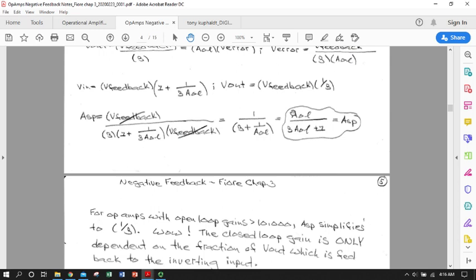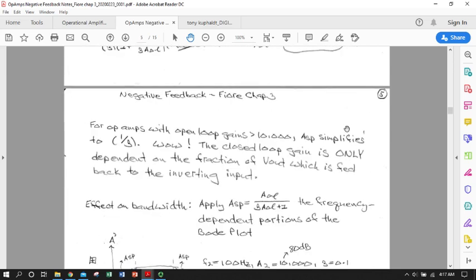Just to go over that again, we have the open loop gain in the numerator of this fraction, and then we have the sum of beta, which is the feedback fraction for the circuit, times the open loop gain plus 1 in the denominator. And when the open loop gain is large, which it almost always is, this approximates down to just simply 1 over beta. So closed loop gain in the series parallel configuration is approximately 1 over the feedback fraction.